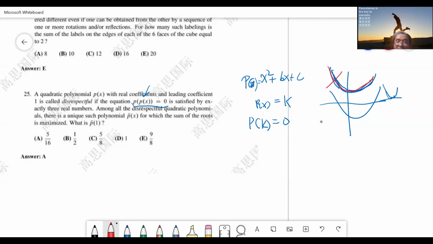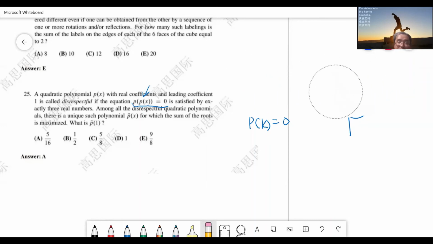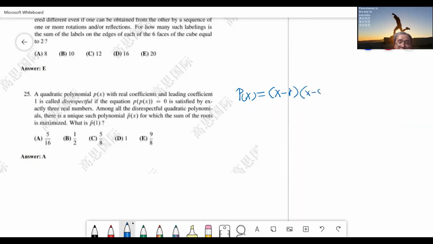So you can simply eliminate that case. That means P(x) must at least intersect the x-axis and have a zero. So we can assume P(x) has a real root we call r and s, and we can write it in factor form, (x minus r)(x minus s). This is very important.